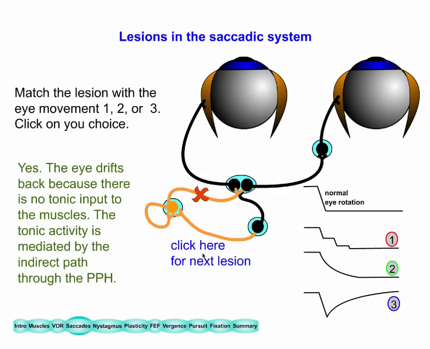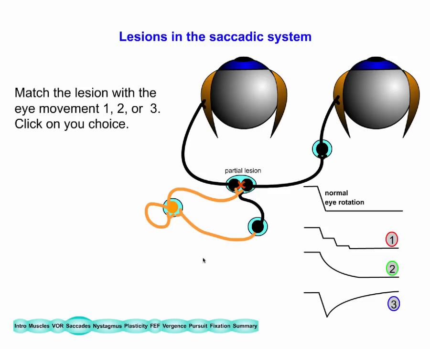Okay, let's get another lesion here. You notice the X is smaller, so it means it's a partial lesion. This burst comes here, goes to here, but not as much of it can come out. The same thing goes to here, but not as much of it can come out.